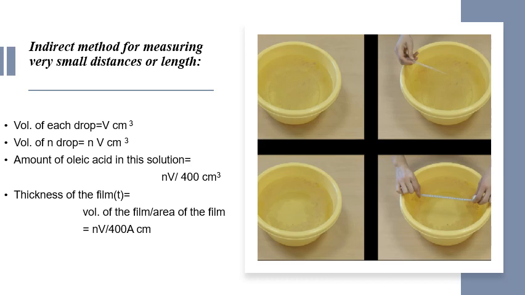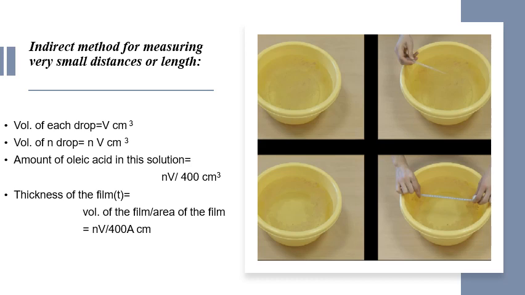We stretch the film carefully. As the alcohol evaporates, a very thin film of oleic acid is left on the water surface. Volume of each drop is capital V centimeter cube, so the volume of n drops of solution is n capital V centimeter cube.